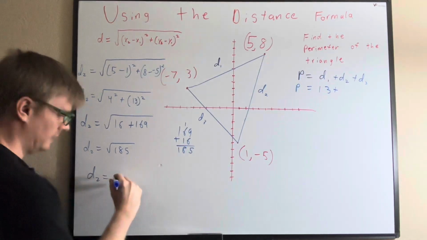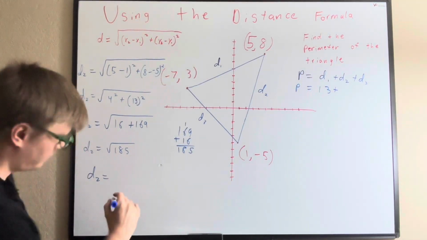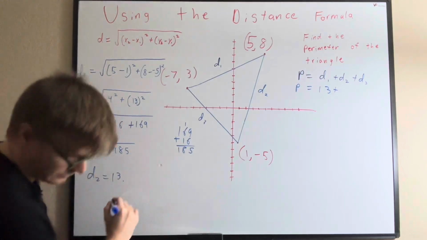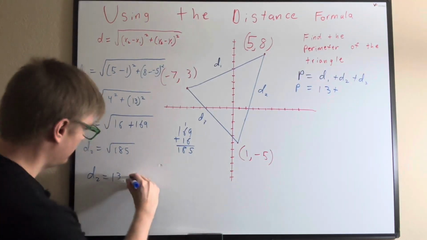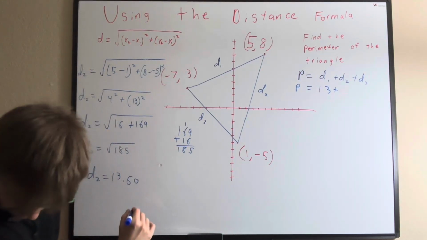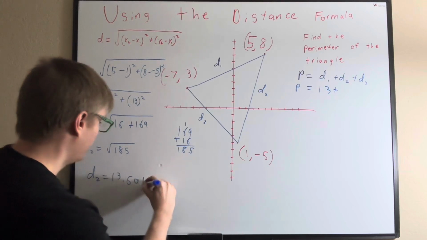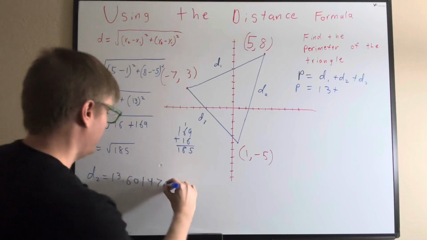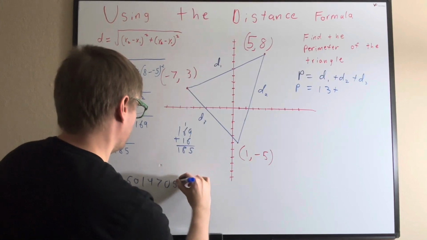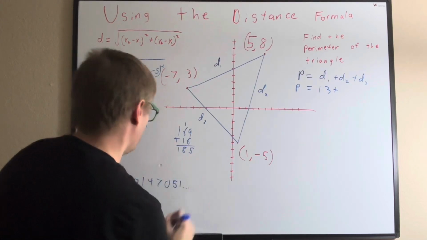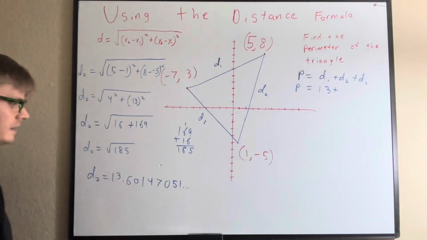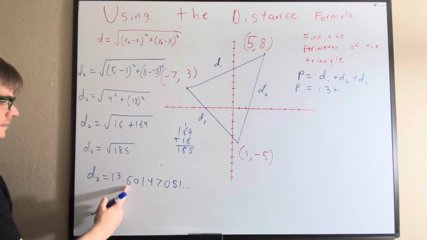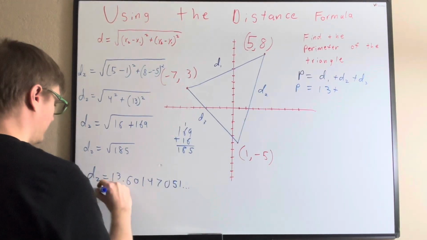It's approximately 13.60147.051 on and on. Something like that. We're just going to round to 13.6.